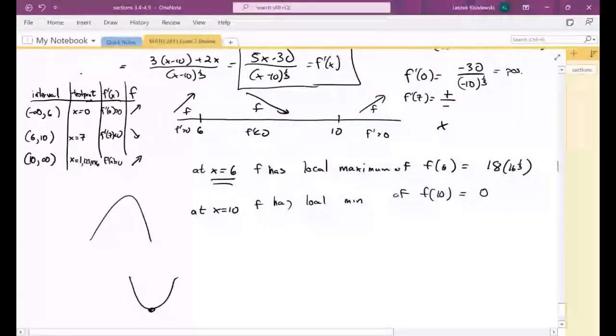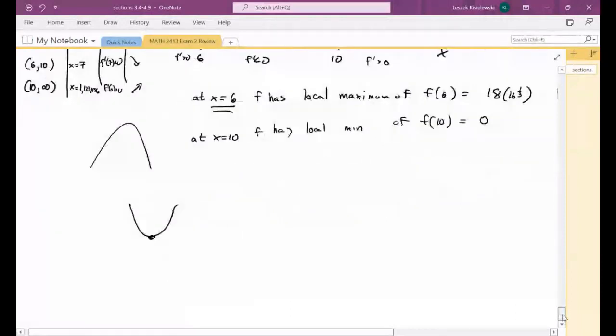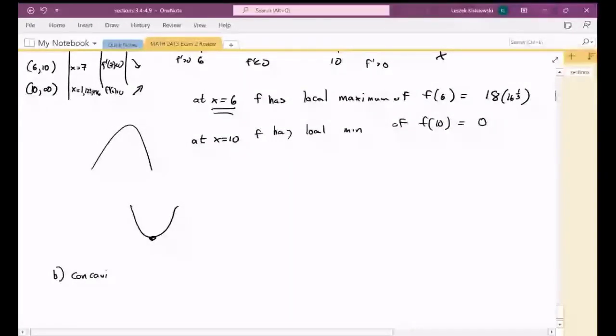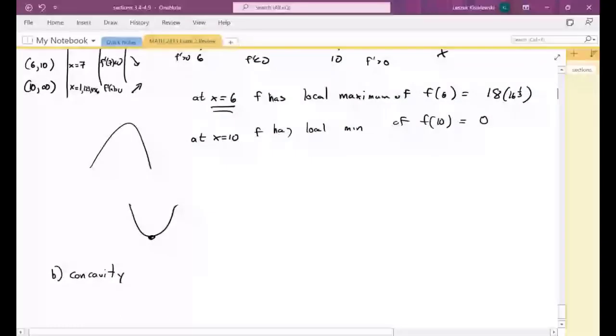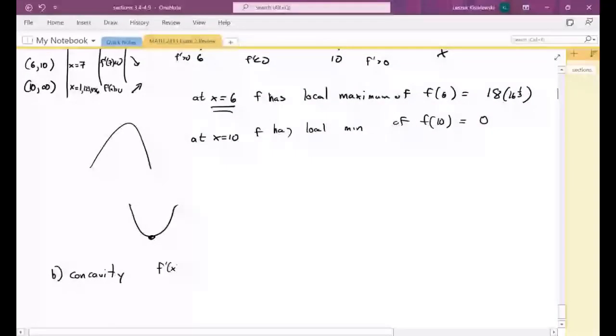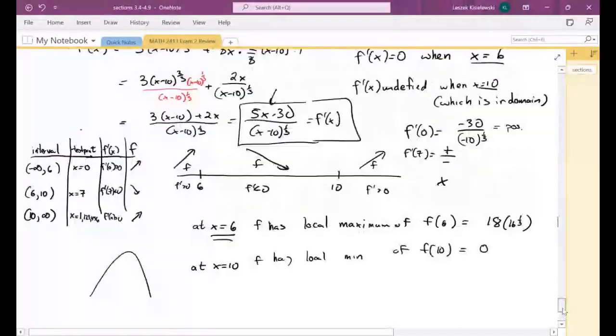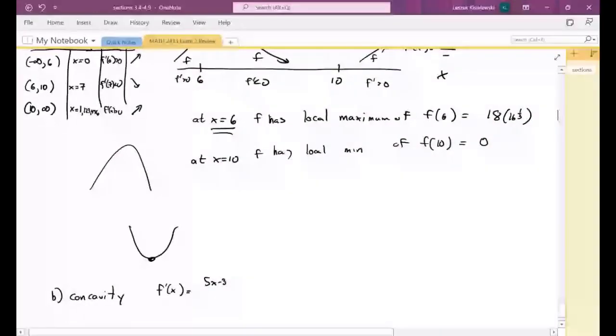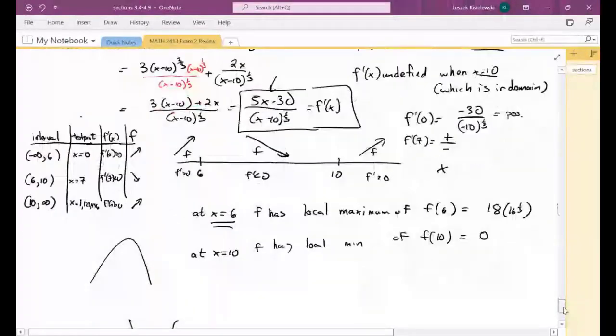All right. Okay, so then what if they ask you about concavity? So we know that's the second derivative that speaks to concavity, right? So we need to compute, if we know f prime, yeah, 1/3.